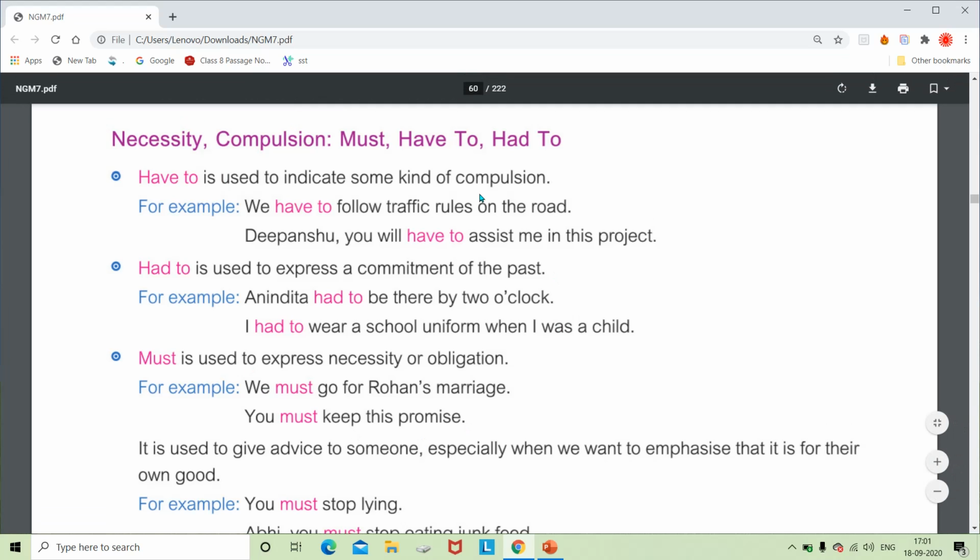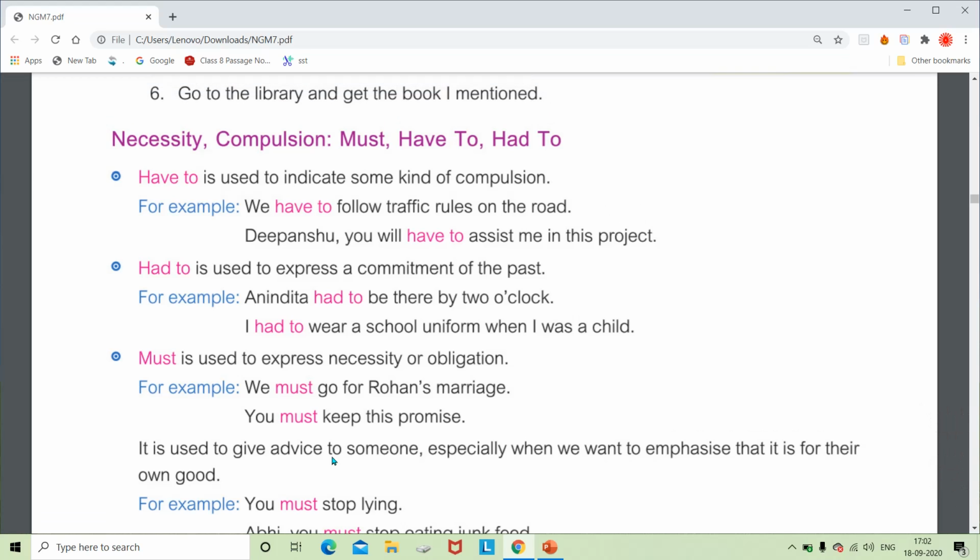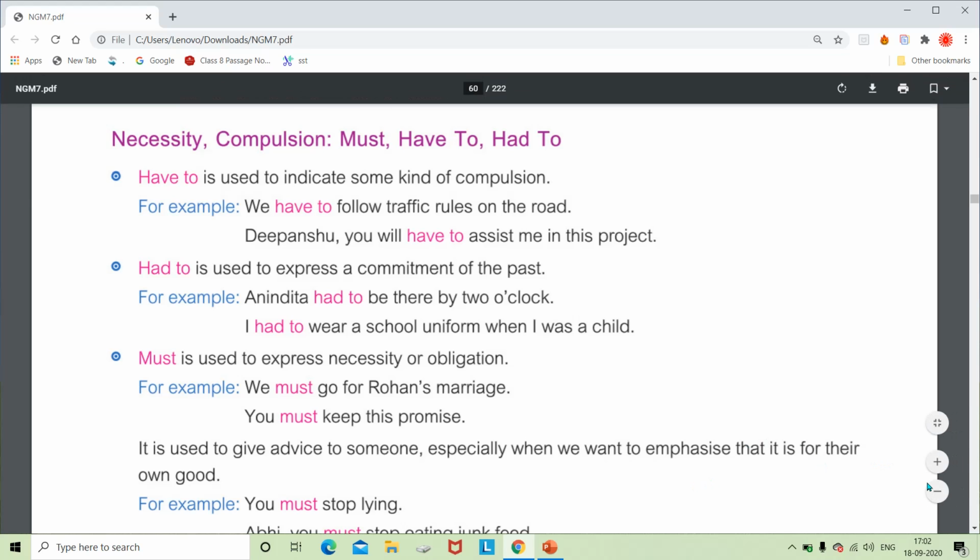So here we have learnt have to, had to and must. Sometimes must is used to give advice to someone, especially when we want to emphasize that it is for their own good.